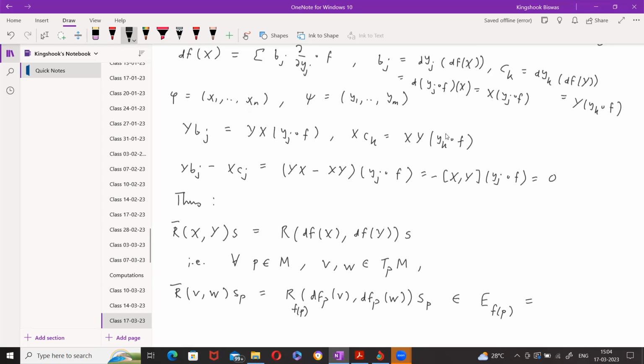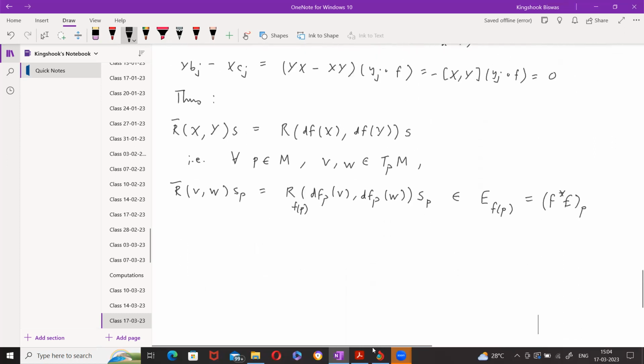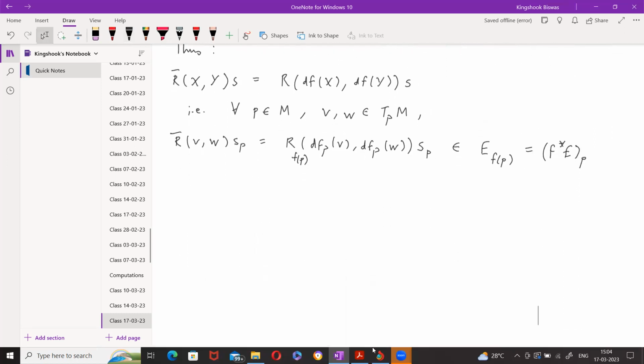E at f(p) is the fiber of f star E at p. So this is the curvature of the pullback connection. All right, now we can come to the Bochner-Weitzenböck formula.